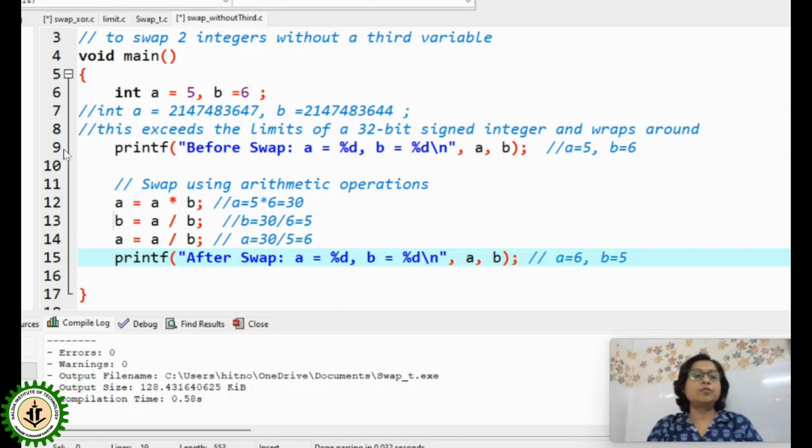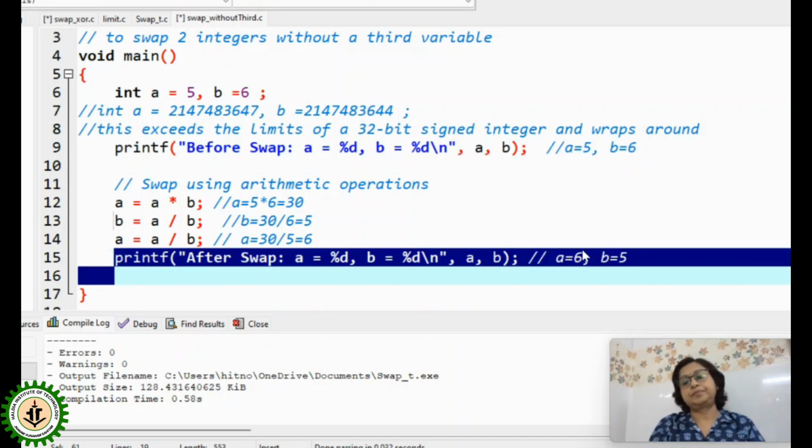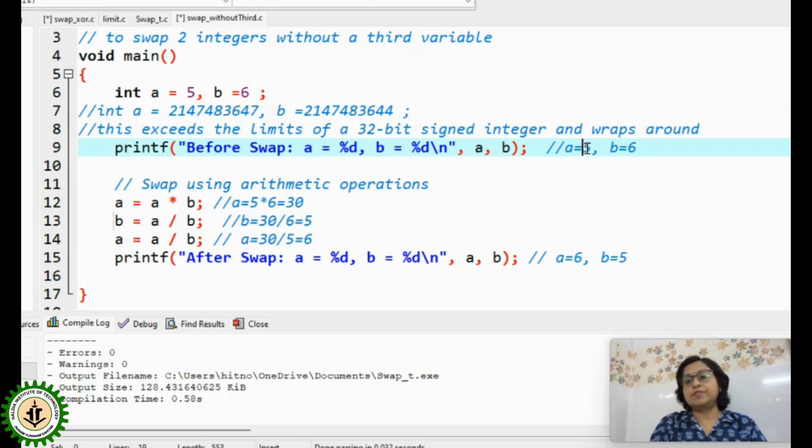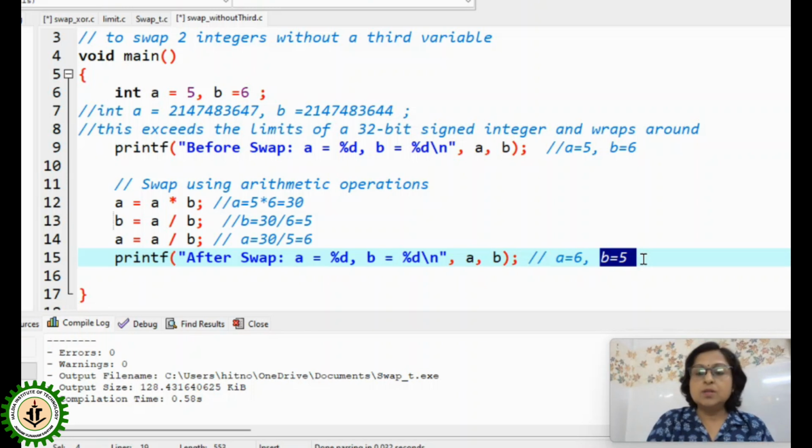Now again, all of you please check line number 9 and line number 15. Initially A was 5 and B was 6, but after the swapping A has become 6 and B has become 5. So is the task done?